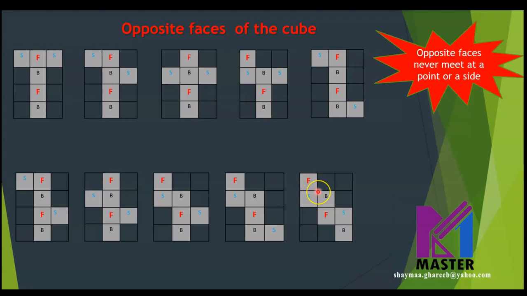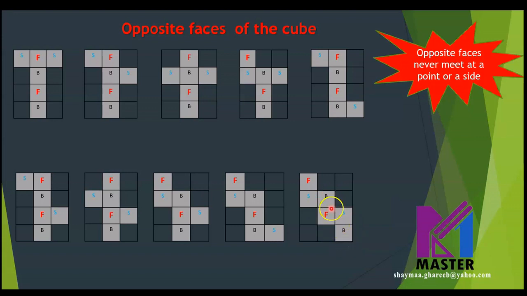No, because they meet at this point. And also it's not the opposite of this one. They meet at a side. And it's not opposite to this one because they meet at a side. And not opposite to this one because they meet at a point. Which means the opposite face of this one is this one down here.